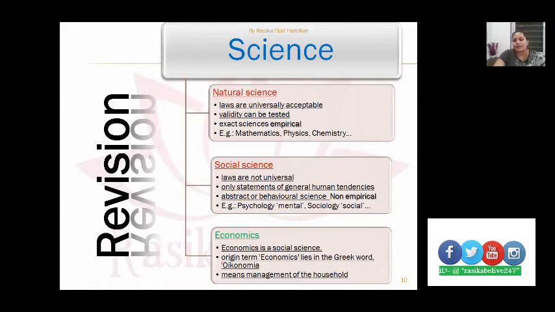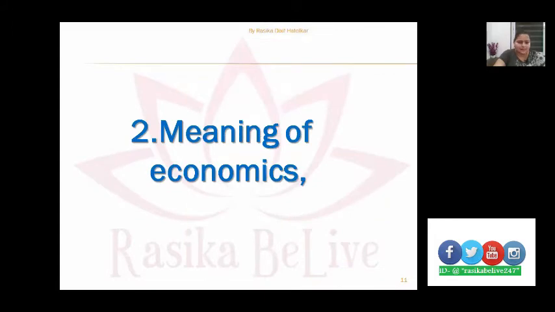Social science is related to the behavioral science of human tendencies, where psychology stands for the mental and sociology stands for the social aspects of society. Economics is a social science. Today we are going to start with the meaning of economics.